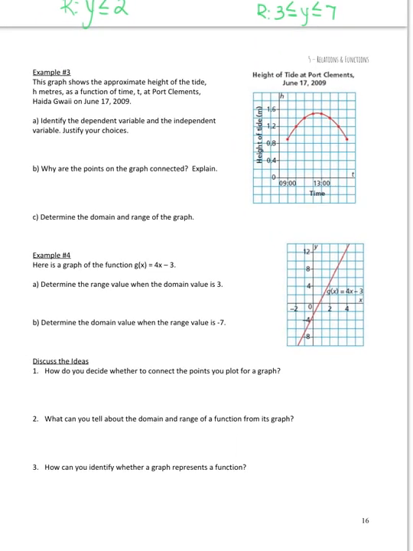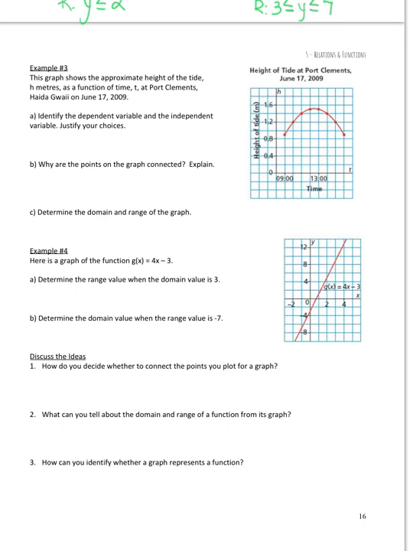All right, this graph shows the approximate height of the tide, h, in meters, as a function of time, t, at Port Clements, Haida Gwaii on June 17th, 2019. Identify the dependent and independent variable. So the dependent variable is the height of the tide because it depends on the independent variable of time.